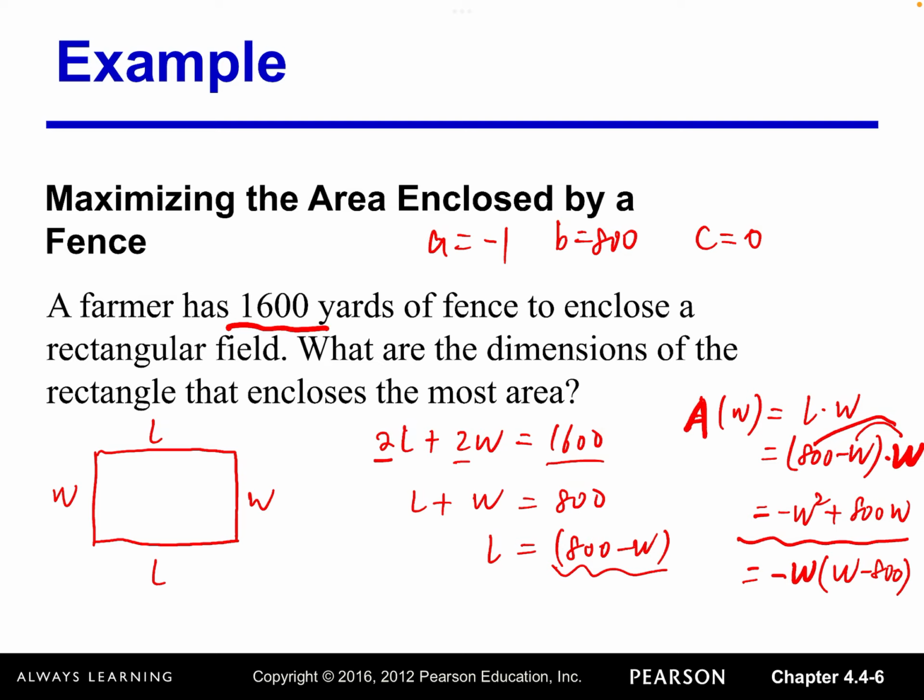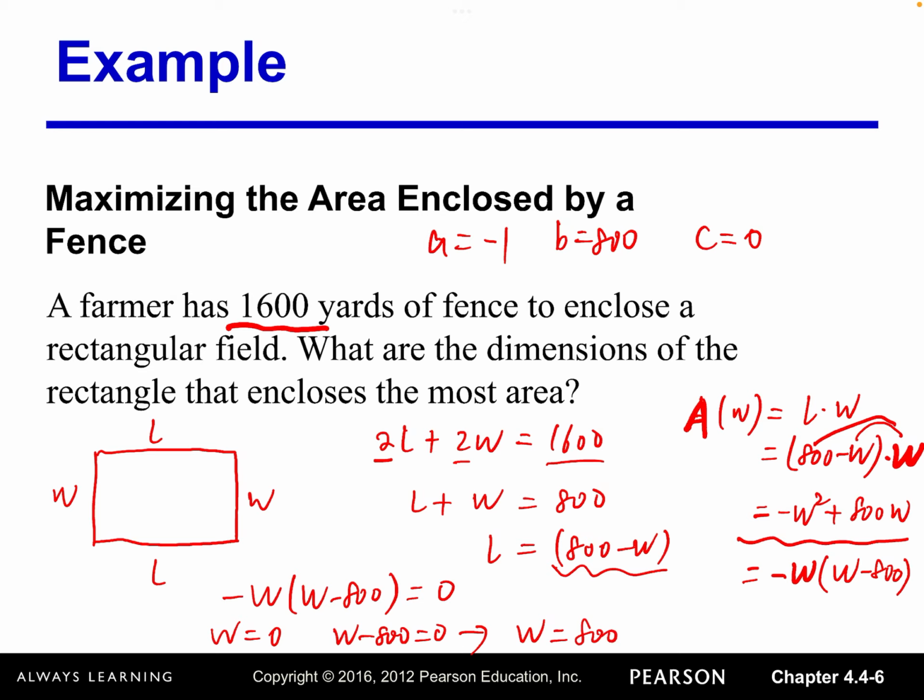So we solve negative W times W minus 800 equals 0. We're trying to find the x-intercepts, and then we can use the zero product rule, right? Either W must equal 0 or W minus 800 must equal 0. That gives W equals 800.